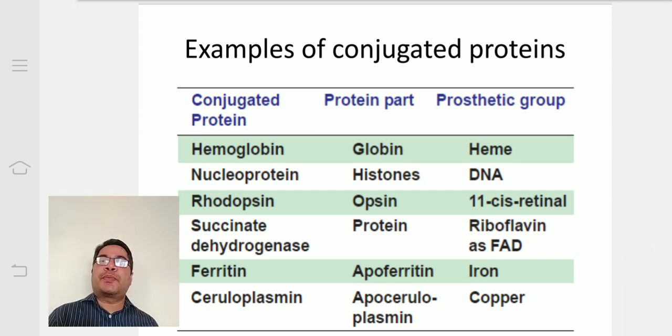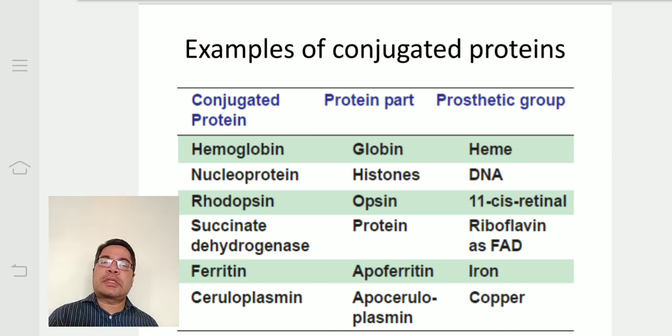Examples of conjugated proteins. Hemoglobin contains globin as the protein part and heme as the prosthetic group. Nucleoprotein contains histones as protein part and DNA as prosthetic group. Rhodopsin contains opsin as protein part while 11-cis retinal is the prosthetic group.